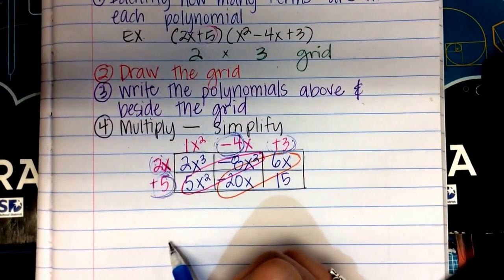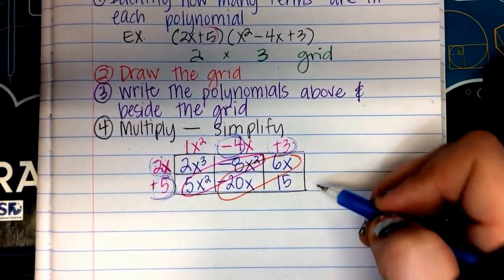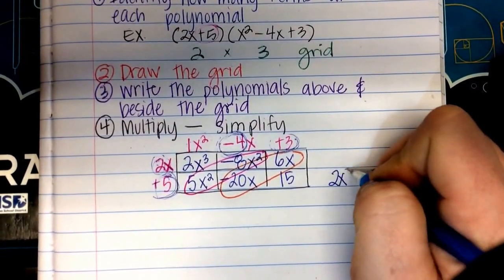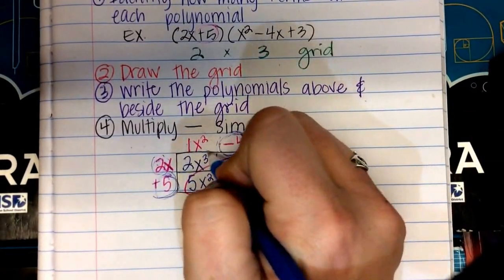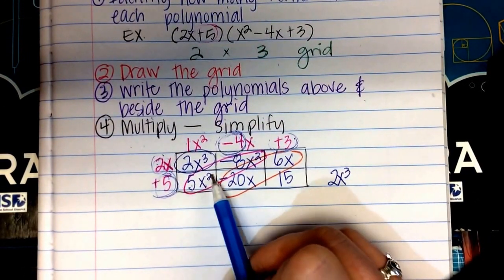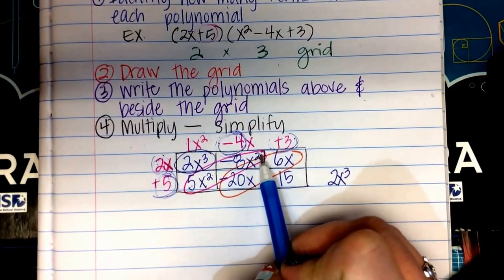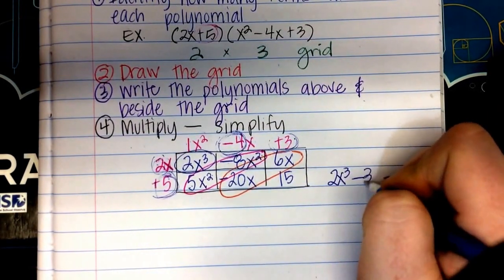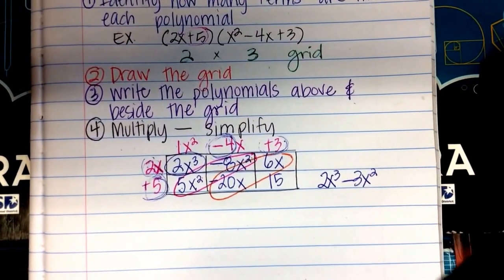All right, let's write our answer. What's the biggest term? 2x to the 3rd. Five x squared minus 8x squared, negative 3x squared.